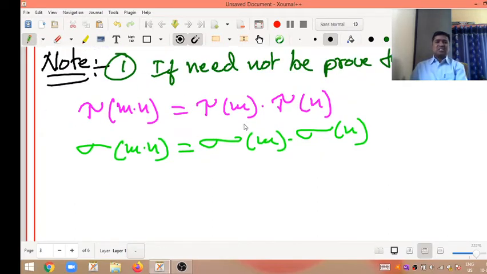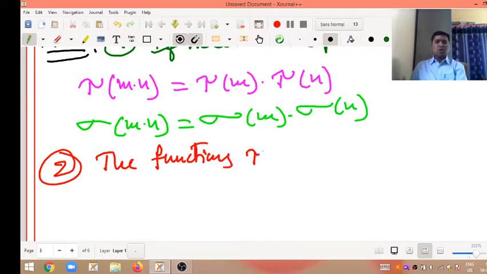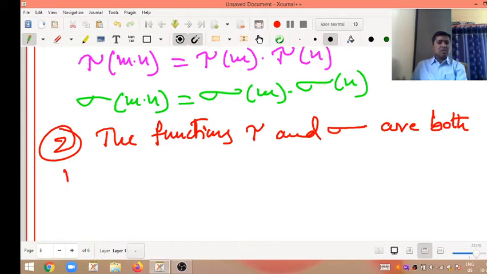That is the second point, my dear friends. The second point is very important: the functions tau and sigma are both multiplicative functions.